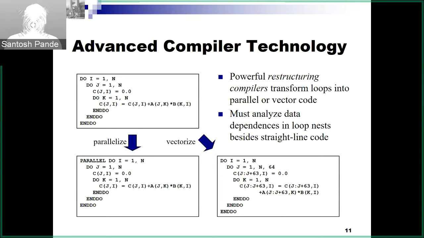And so many times the analysis helps to undertake the transformation of the loop. Once we find that something can be done in parallel, we are able to do a transformation of that so that the transformed loop can execute in a very good parallel manner.